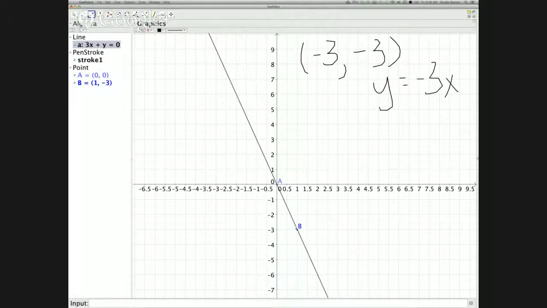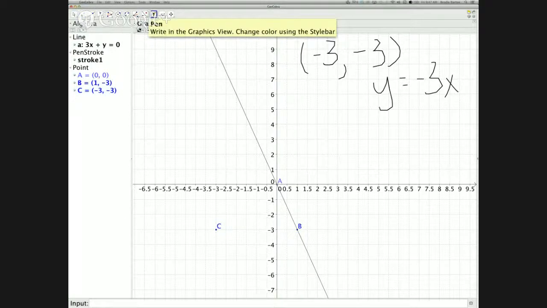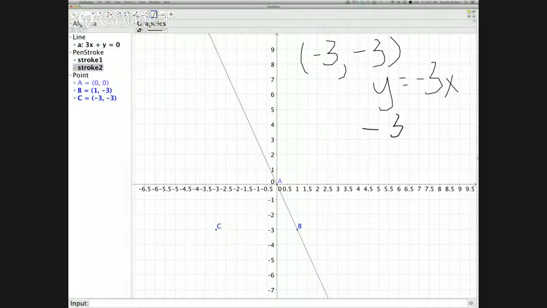Okay? And I want to be perpendicular to that, and I want my perpendicular line to go through -3, -3. Okay? And to be perpendicular, I need the opposite reciprocal. So the reciprocal of -3 over 1, because remember that's how we turn a whole number into a fraction, is -1 over 3, and then to make it the opposite, we change the sign. This is not an equal sign in between there.